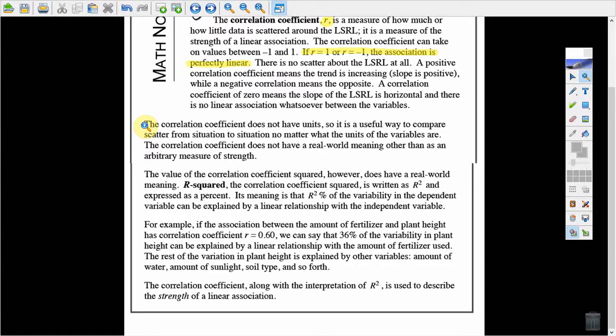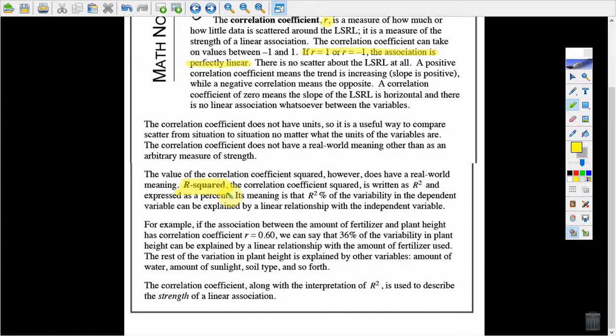The correlation coefficient does not have any real-world meaning other than as an arbitrary measure of strength. However, if we square it, the value of the correlation coefficient gains real-world meaning. The R squared is actually more common in practice in the real world than the R value, as far as what people refer to.